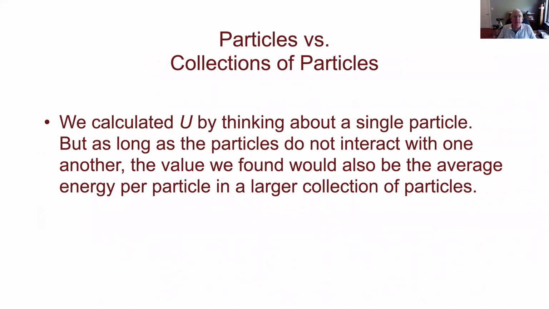All right. To finish out this segment, I'm going to say a few words about the transition from thinking about a particle or a molecule to a collection of molecules. We calculated the internal energy here by thinking essentially about a single particle. If I call those P terms, P0 and P1, probabilities, I said there's this percent chance the particle's in the ground state where its energy is 0.